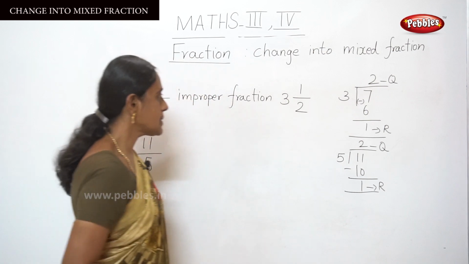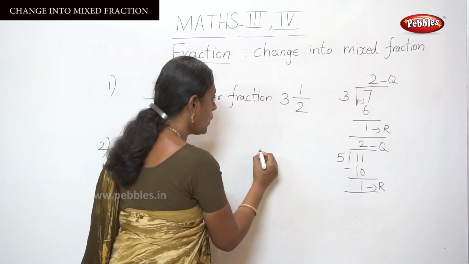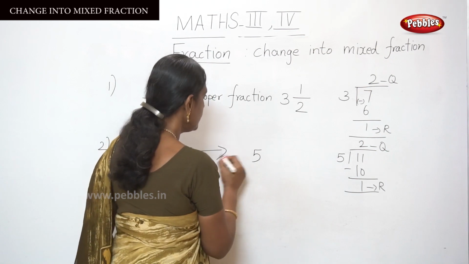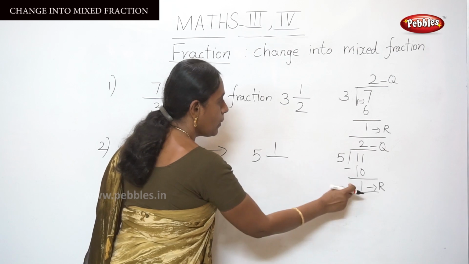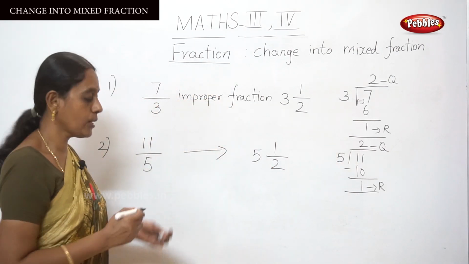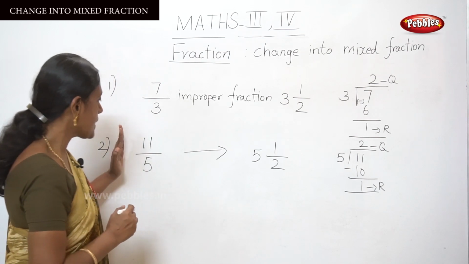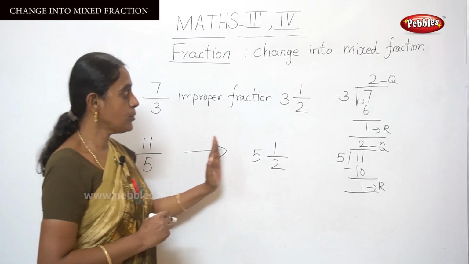How to write the answer? Write the quotient as the whole number, and the remainder is 1 by 5. That is 2 and 1 by 5. That is 11 by 5 changed into a mixed fraction.